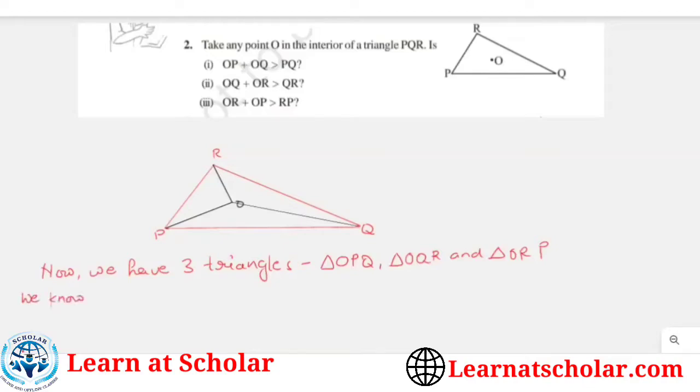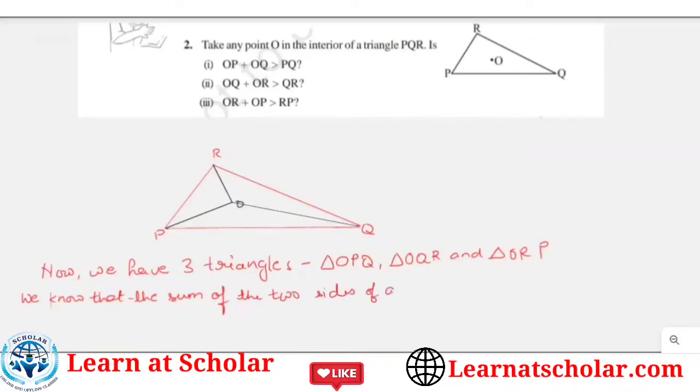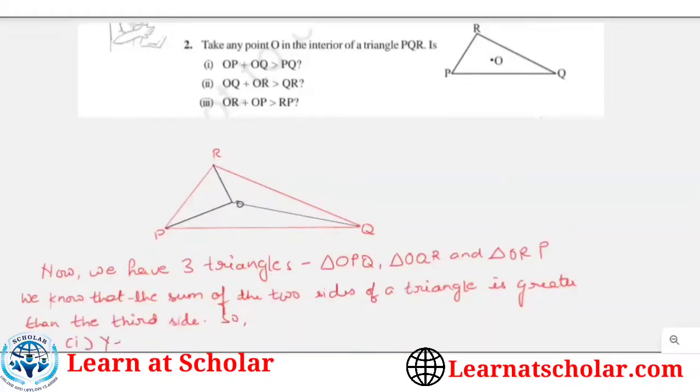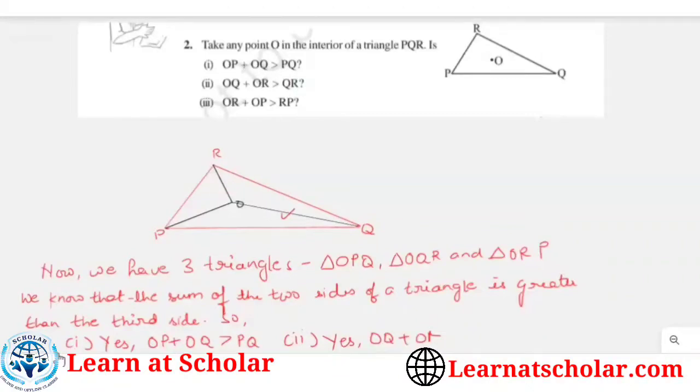We know that the sum of the two sides of a triangle is greater than the third side. So, OP plus OQ is greater than PQ, OQ plus OR is greater than QR.